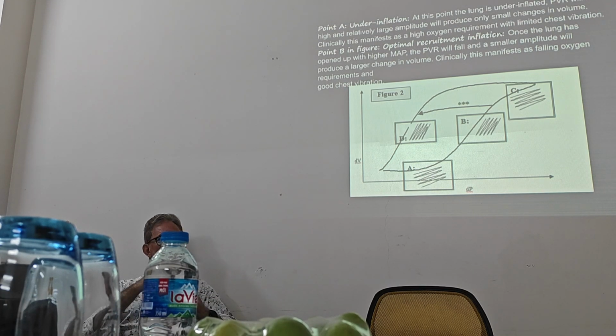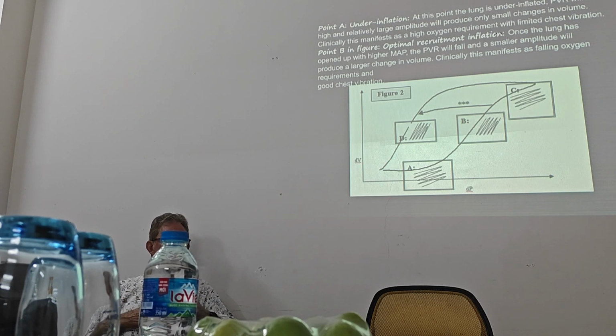So this stepwise recruitment manoeuvre is a very important step to use when you're having major problems with oxygenation and a chest x-ray that looks like the baby's de-recruited. And that will often be in a scenario like you've extubated the baby and the baby's failed.